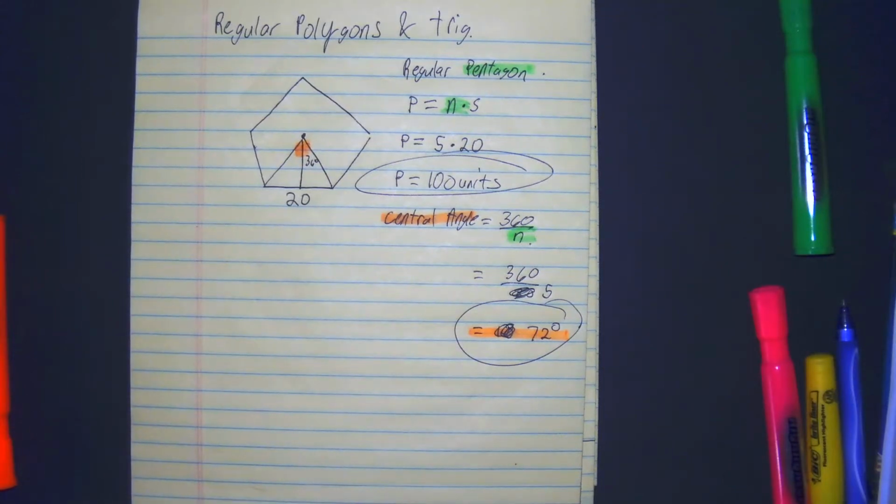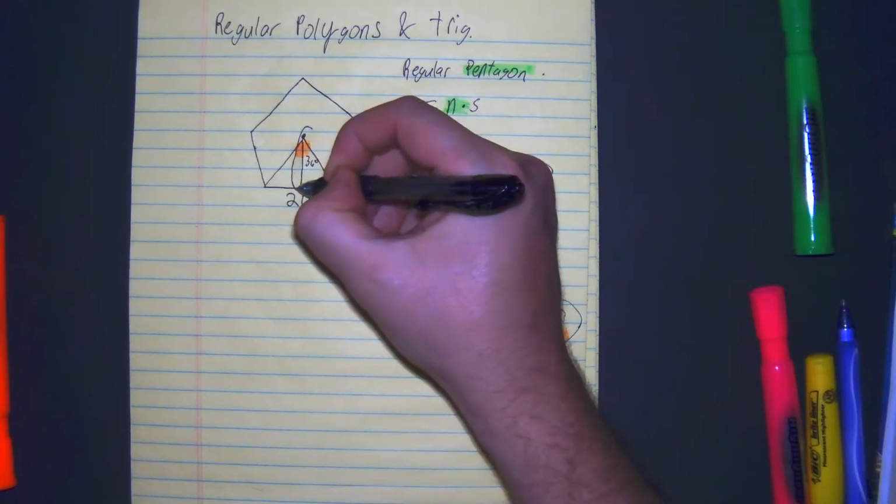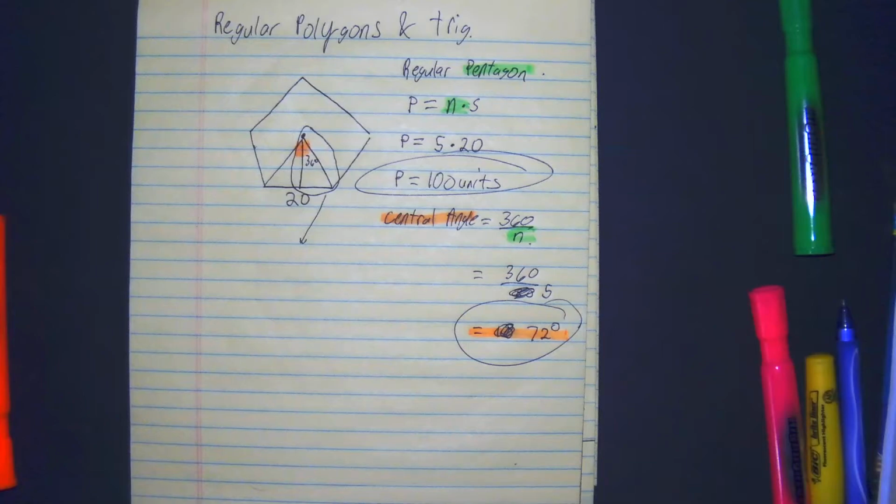So here the only thing we need is our apothem. So what I'm going to do is focus on this part. I'm going to redraw it.